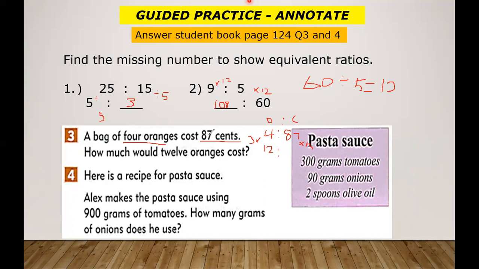If it is 87 cents, it will give us 0.87.